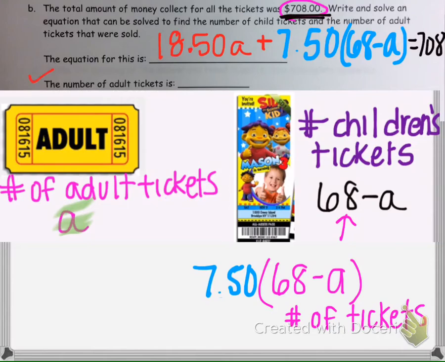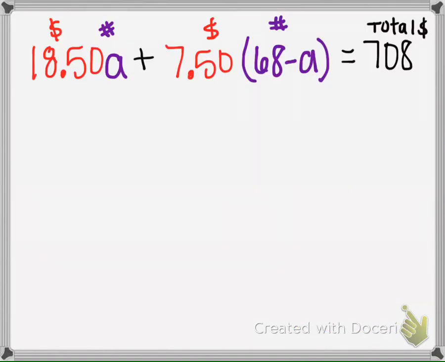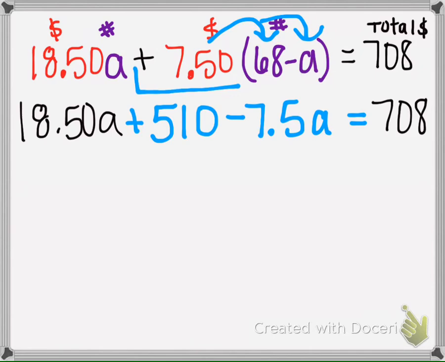Now we can do the next part: solve the equation to find the number of adult tickets. First thing we're going to do is distribute. We distribute 7.50 to the 68 and multiply, and then we multiply it to the negative 1A, and then we get this.